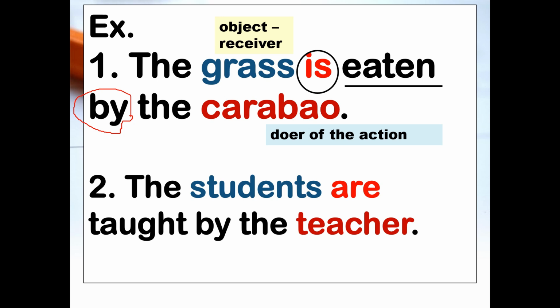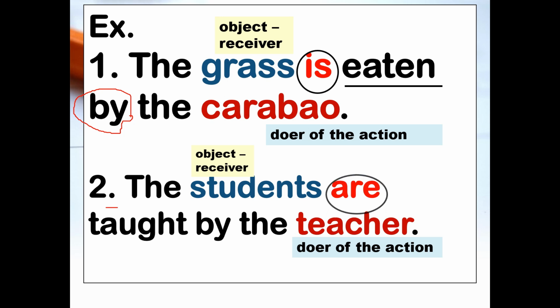Okay, let's have number 2. The students are taught by the teacher. So the doer of the action turns out to be at the predicate part, the teacher. And then you have there the object, the receiver, are the students. And you have there are because in the subject-verb agreement, we have students right here.